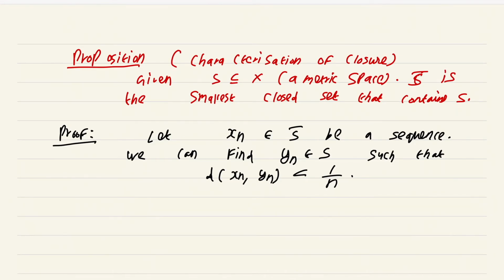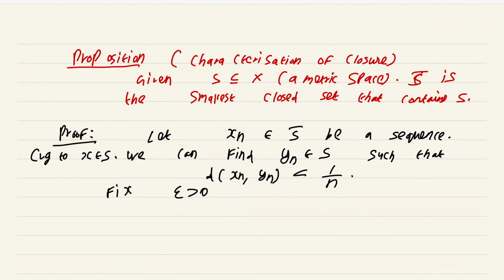Now, fix epsilon greater than 0. So I missed a step. Let x_n's be elements of the closure of S, a sequence converging to x. So this is important.